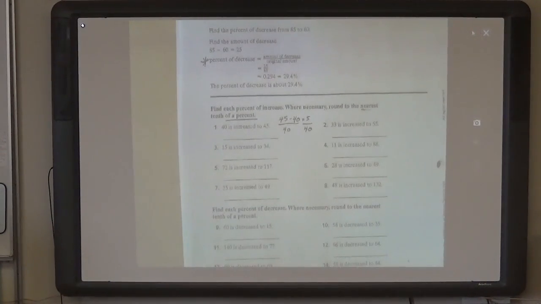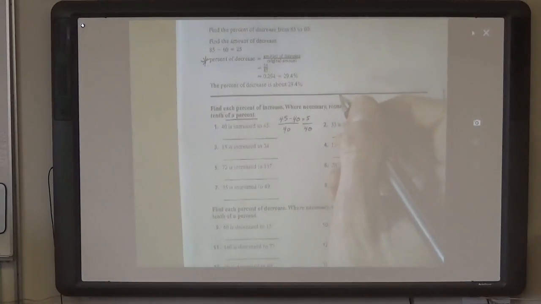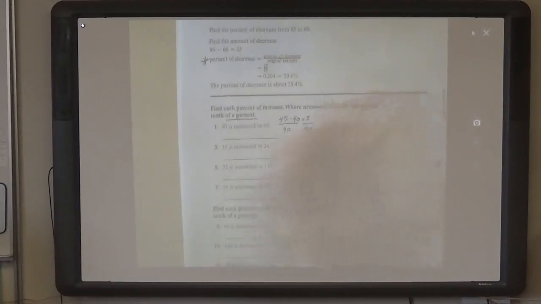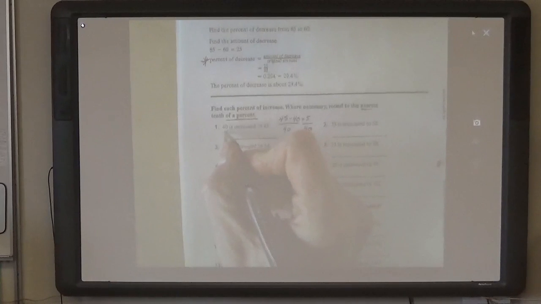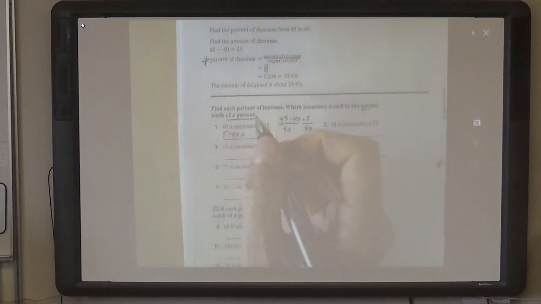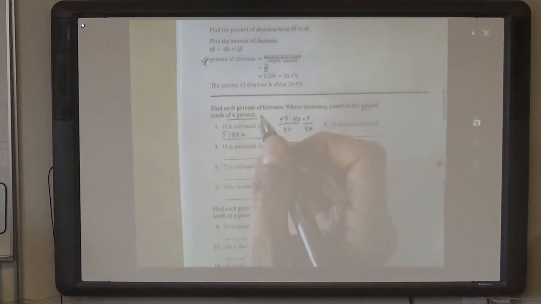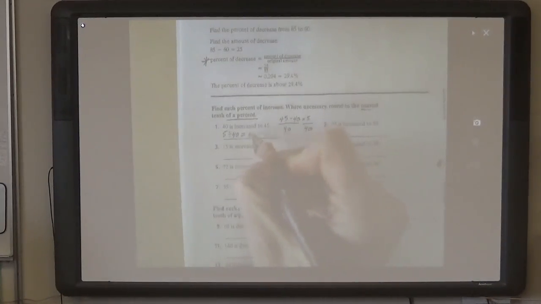That's the original number. Right. Then we have to convert it. 1/8. Or if we do 5 divided by 40, that gives us the decimal form. What's the decimal form? 0.125, which is 12.5% increase.